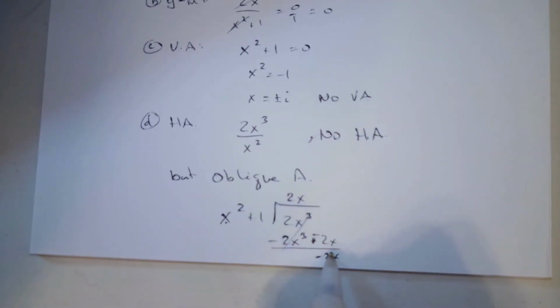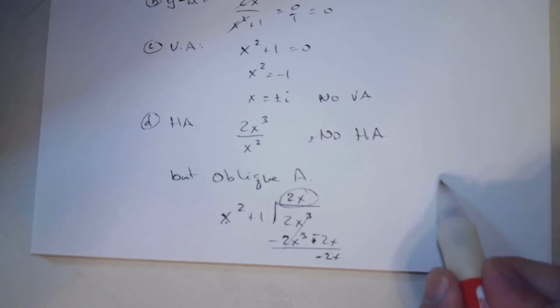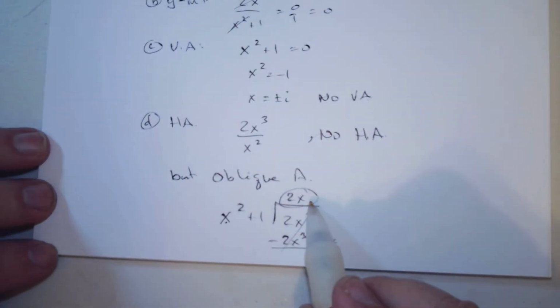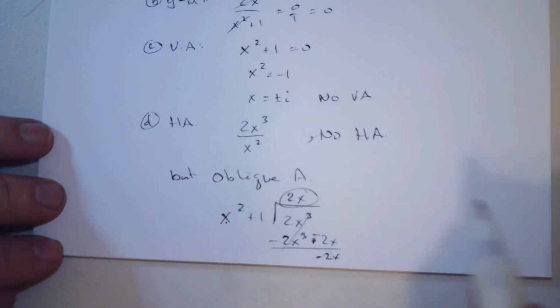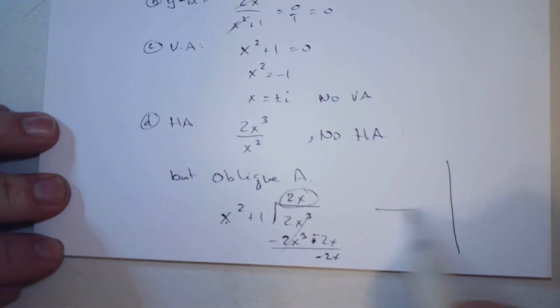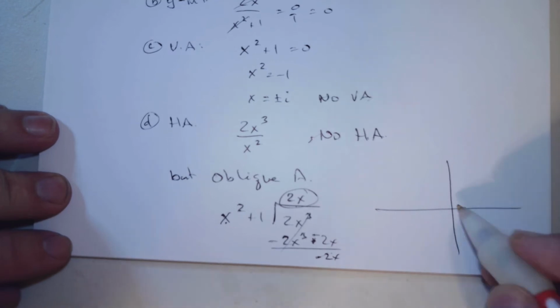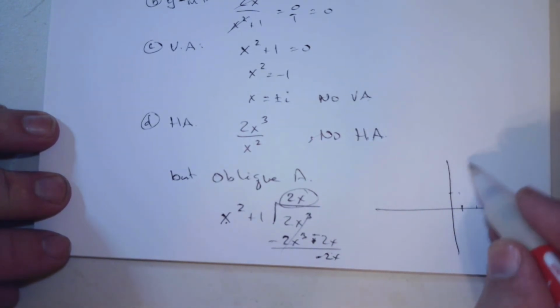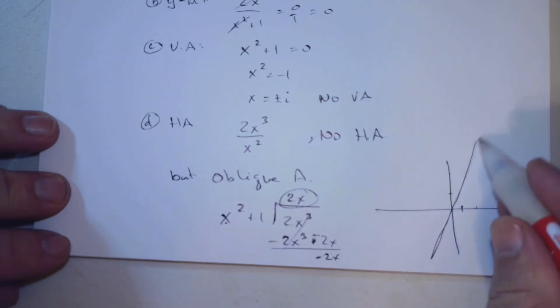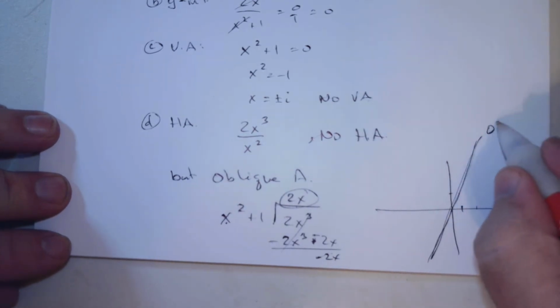Since x squared is bigger than that, we have an oblique asymptote at y equals 2x. So when x is 1, y is 2. When x is 2, y is 4, so it looks like this. That's the oblique asymptote.